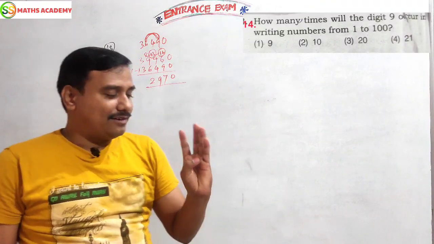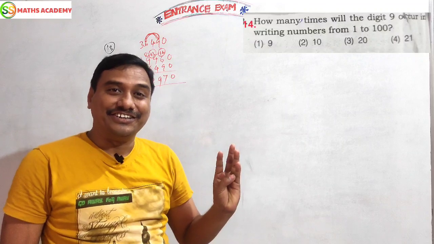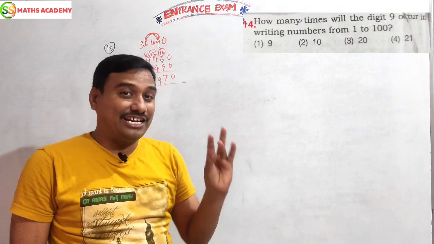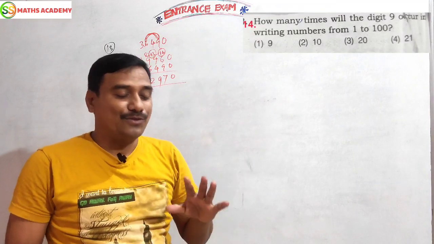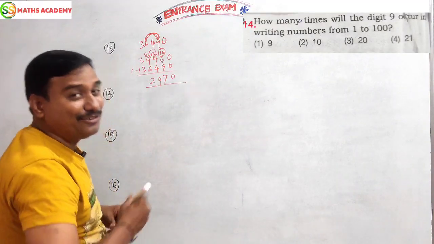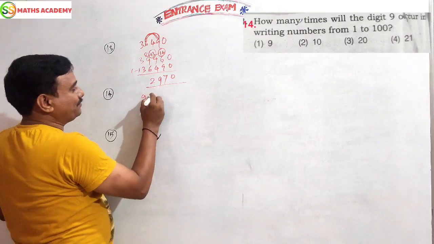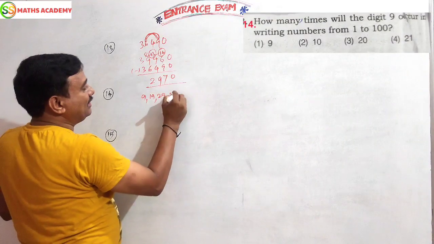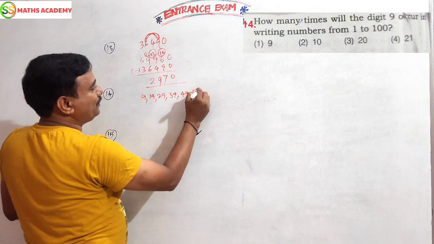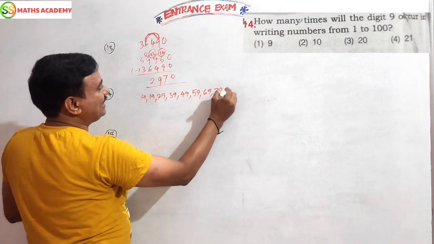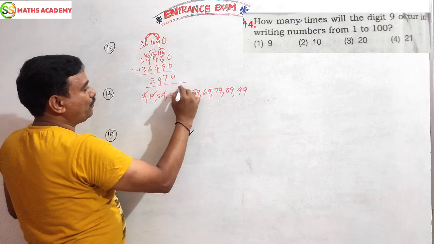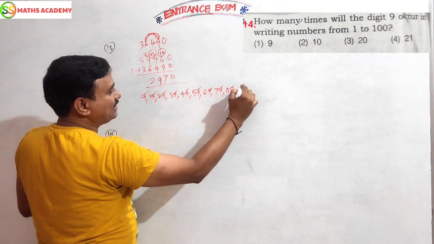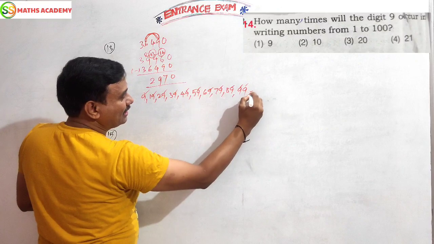Somebody is saying 9, 19, 29, 39, 49, 59, 69, 79, 89, 99. Only 10, sir? No. 20 is the correct answer. How? 9, 19, 29, 39, 49, 59, 69, 79, 89, 99: that is 10.